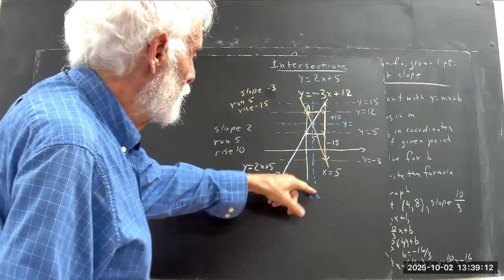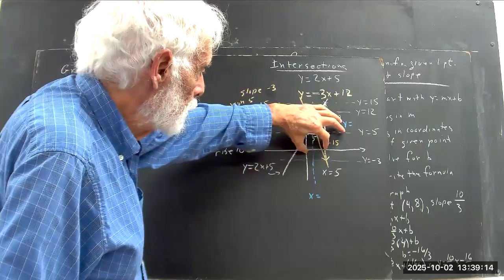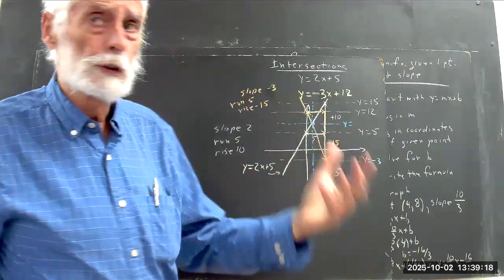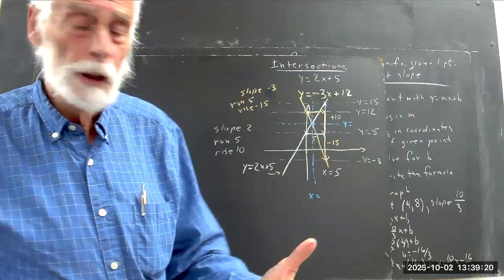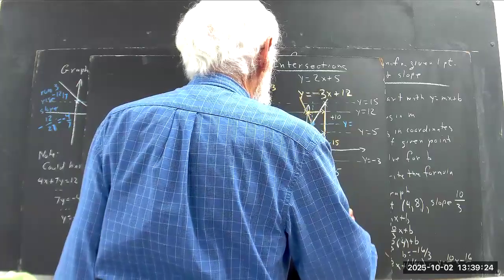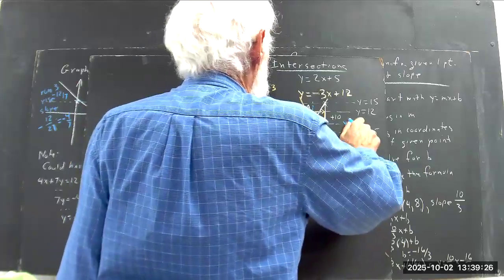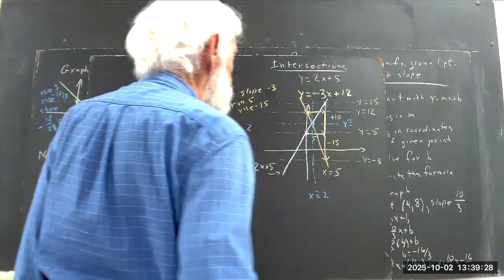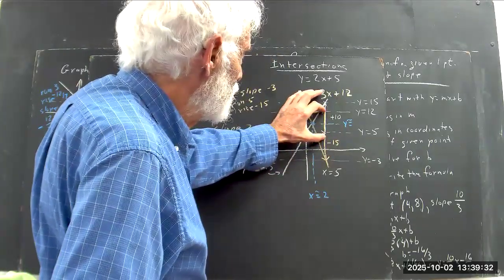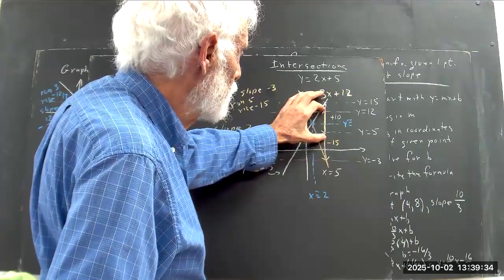Well, x is here, 5 is here. It looks like x is kind of close to 2. Okay? X is approximately 2, and y is approximately, well, it's between 5 and 12, closer to 5 than it is to 12.